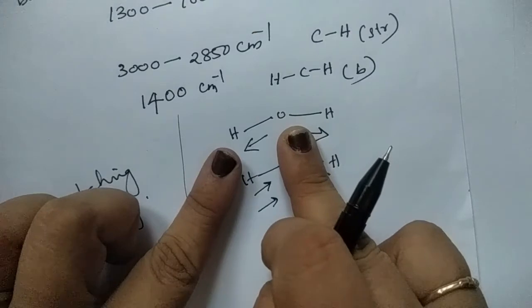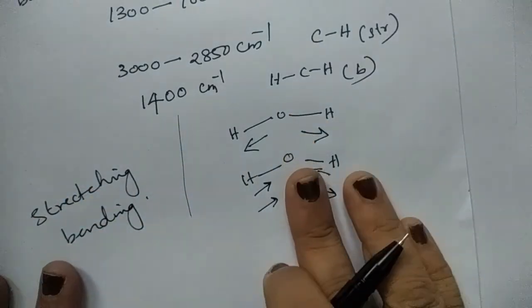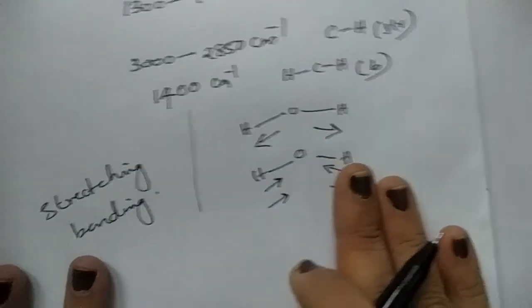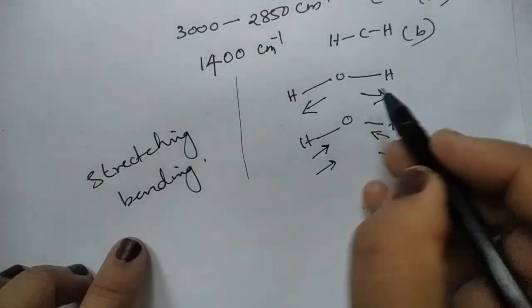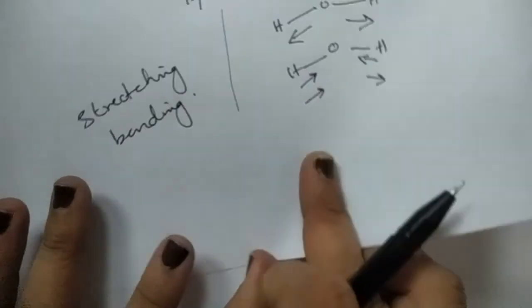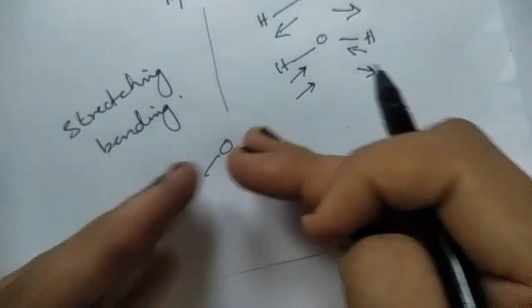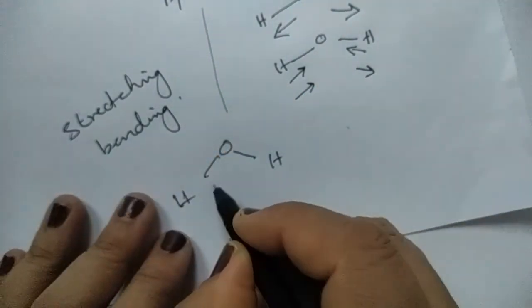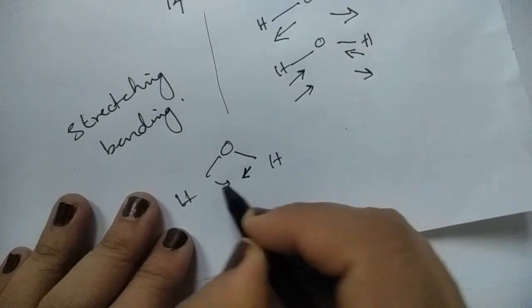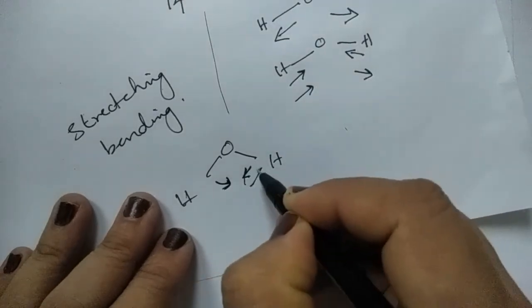Now once a molecule is absorbing the IR radiation, it can also have bending vibration. Suppose this is a molecule. What is bending? It can bend. It can come close like this, it can come this side and this side, or one will be coming here, the other will be going. This is the bending vibration.